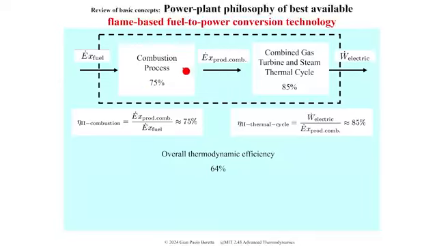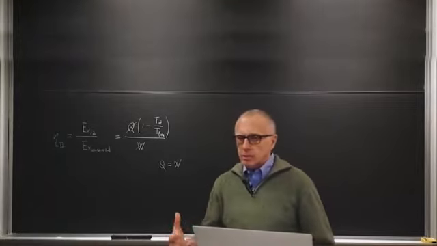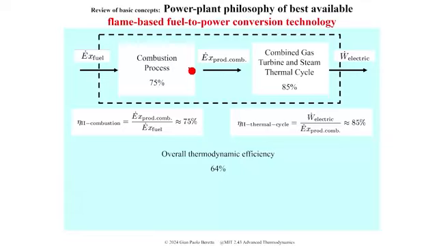And then you have the flame. The flame by itself, without losing one BTU of energy, wastes, because it's an irreversible process, 25% of the exergy. So if you multiply the two efficiencies here, 75 times 85, you get about 64.